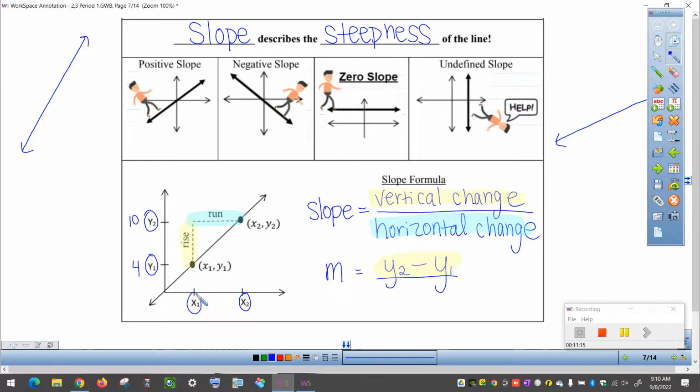Again, if we put numbers in here, let's say that x2 was 8 and maybe x1 was at the number 3, if we wanted to find the distance between them, we would do 8 minus 3. So we can see, all right, there's 5 spaces across for the run. Putting it back into our symbols, that's going to be x2 minus x1.